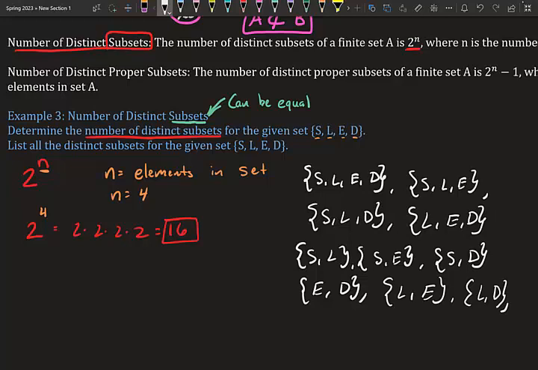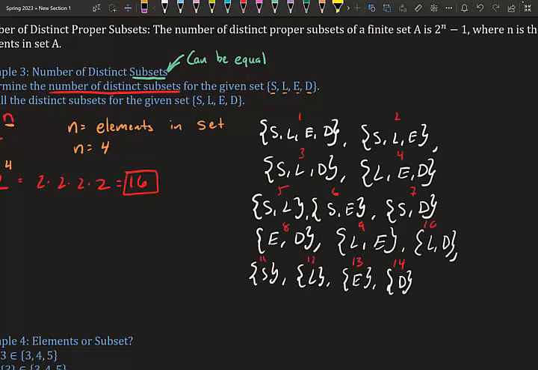All right, now we have to do our singles. So our singles are just each individual letter. So S, L, E, D. So if we count, we have 14 of them. So that's how we know we're missing a couple.